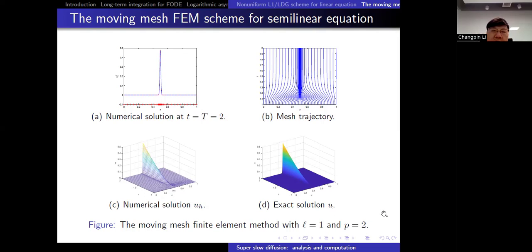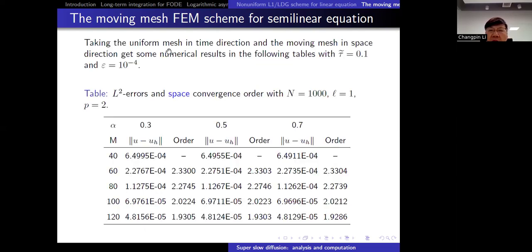We also show the error for the moving mesh finite element method. Here we use the parameter tilde tau equal to 0.1 and epsilon in the function f of x and t like this.